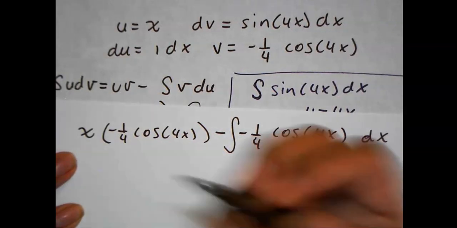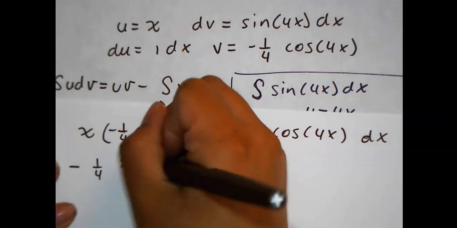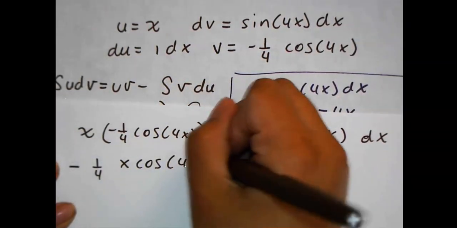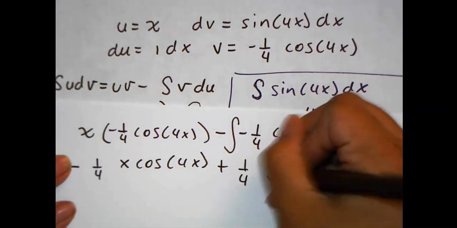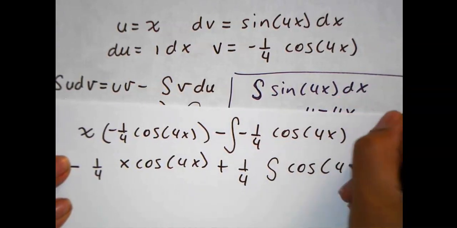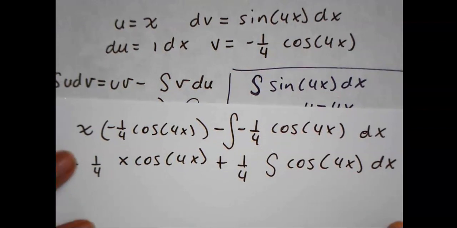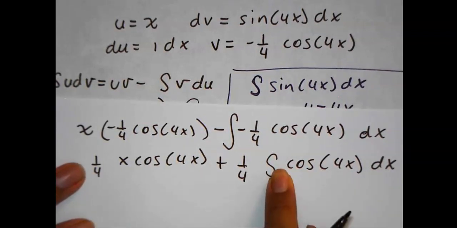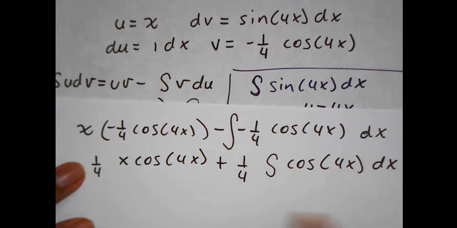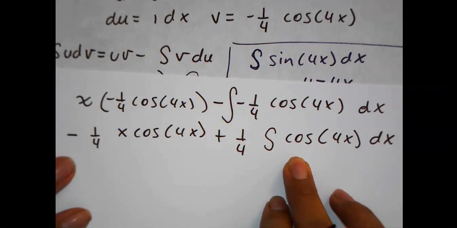Okay, let's simplify. I like to move that to the front. So I got negative 1/4 x cosine of 4x. Negative and negative becomes positive 1/4 integral of cosine of 4x dx. Just like I did with the sine previously, I'm going to take the integral of this, but I don't have the 4 outside. I'm going to take another 1/4, okay? And the integral of cosine is positive sine.